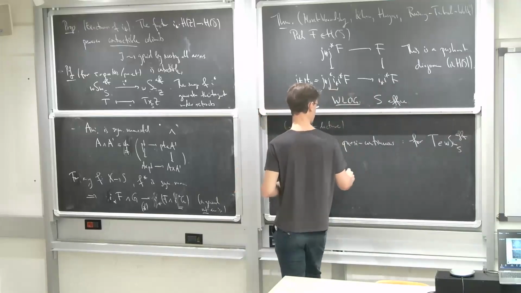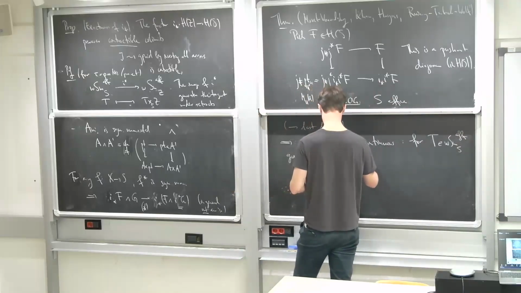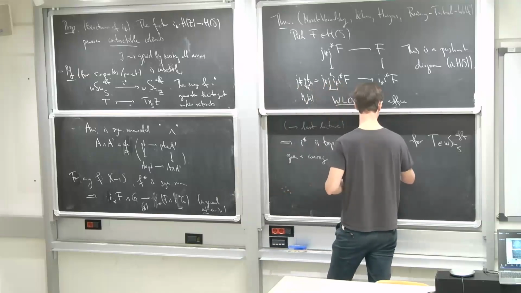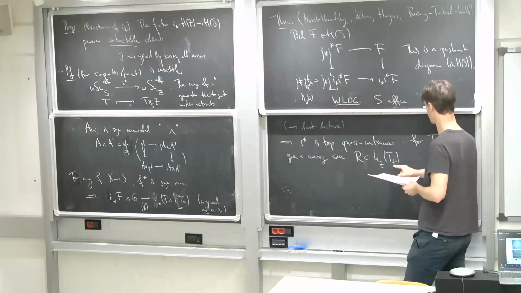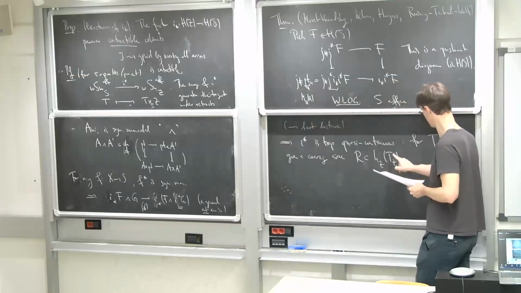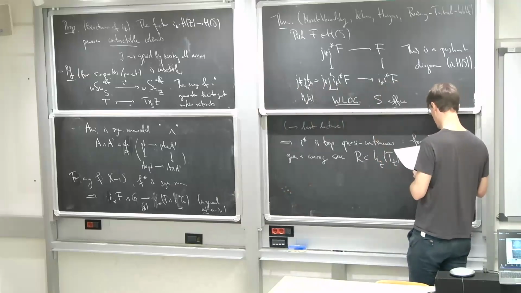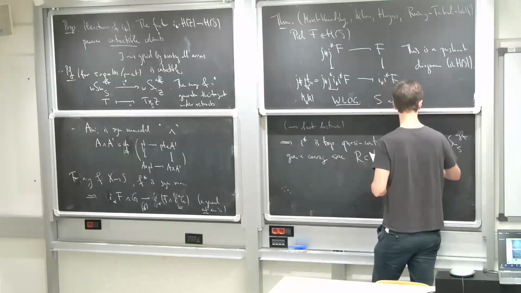So given a covering sieve, let's say R, we pick a bunch of pro-étale or pro-Nisnevich covering of this special fiber under our pro topology, and then the collection.